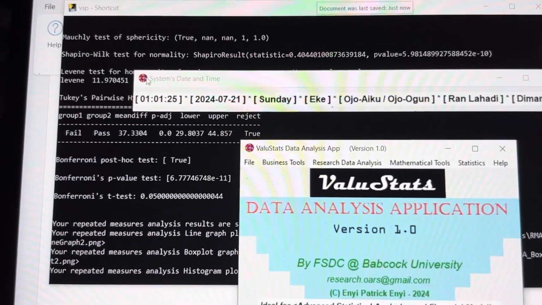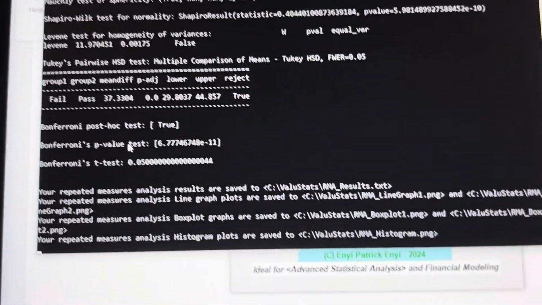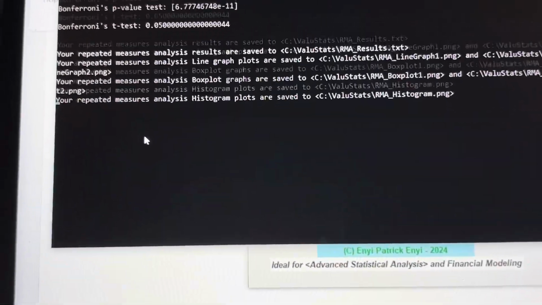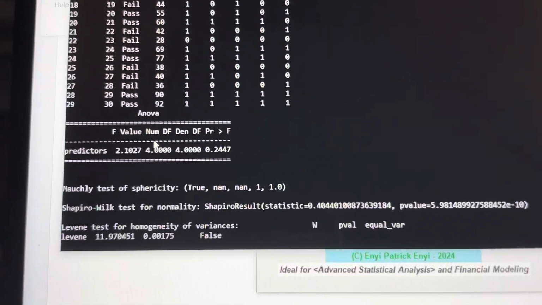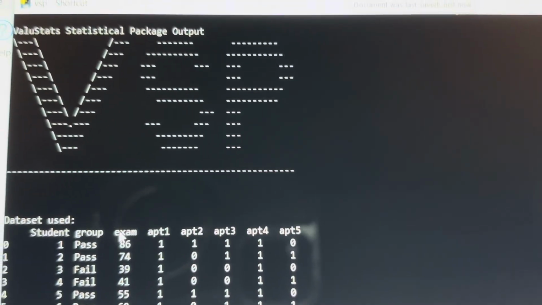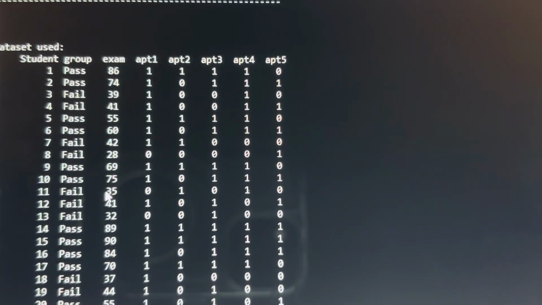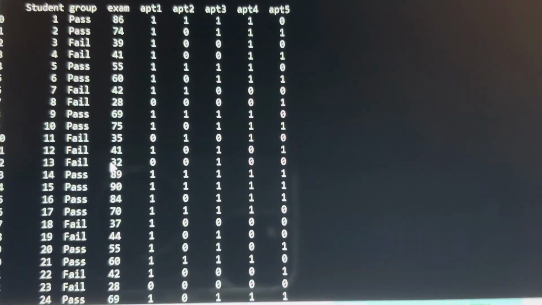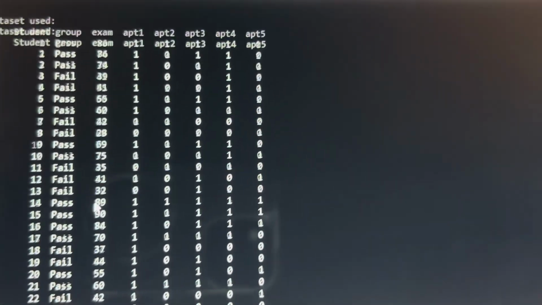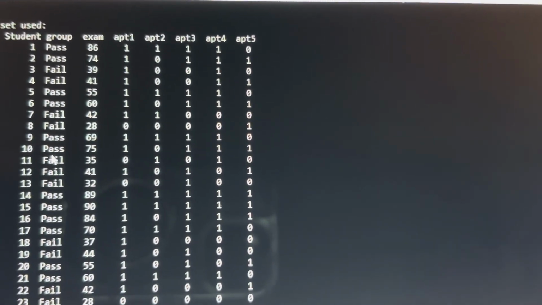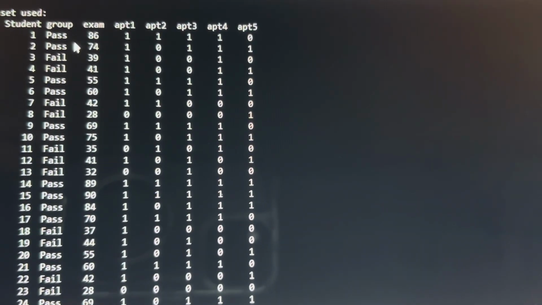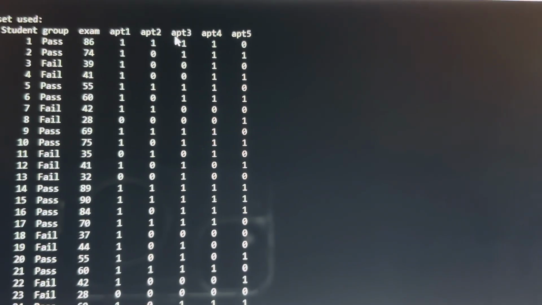Yeah, so having done that, we now go to look at the VSP output, starting with data set used. The data set used group, those that pass exam up to test 1, up to test 2, up to test 3.